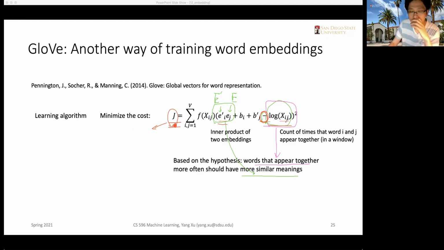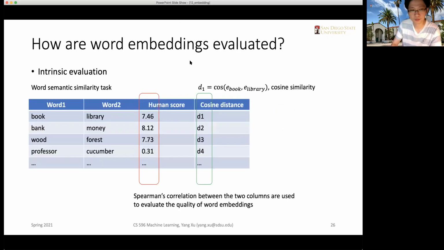So those words that have appeared more often together will be pushed to have more similar meanings, right? This is actually a very straightforward and smart design, and it has a very close relationship to the word2vec technique proposed.